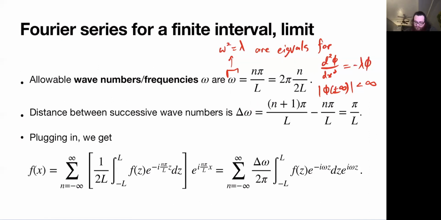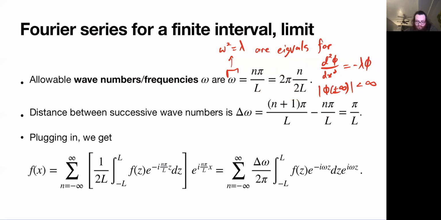So what you can do is rewrite this in the form 2 pi times n over 2L. If you go through and cancel, we're left with pi times n over L, so this equality holds. We're going to work with this representation.